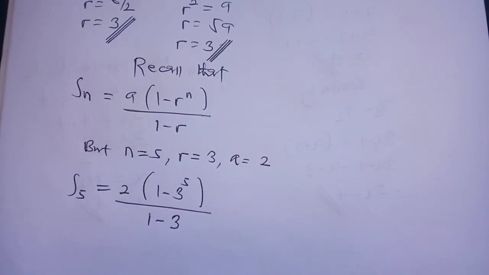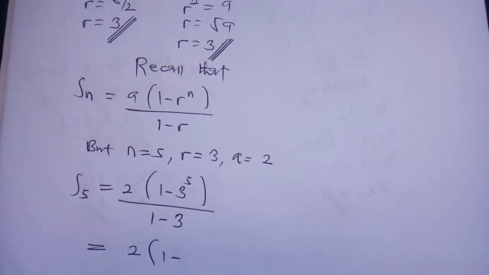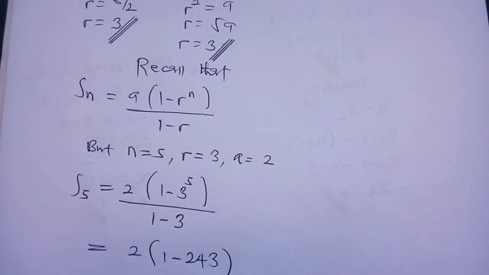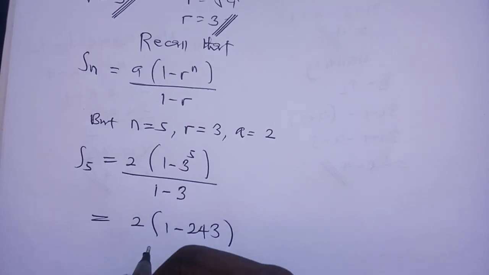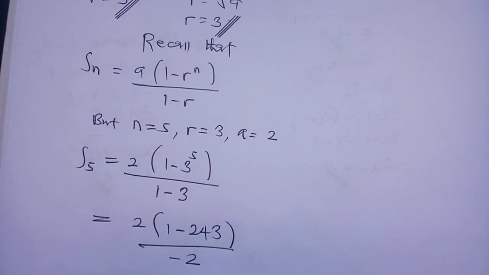Then this is 2 into 1 minus 3 raised to the power 5. 3 raised to the power 5 gives you 243, divided by 1 minus 3, giving you minus 2.